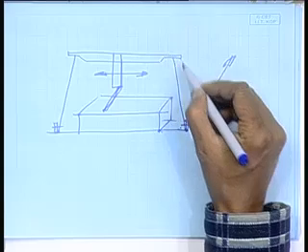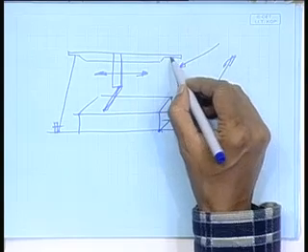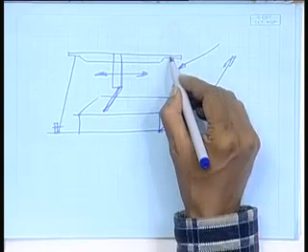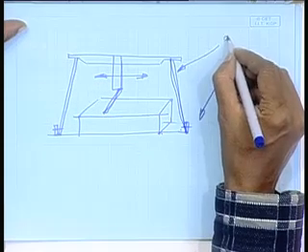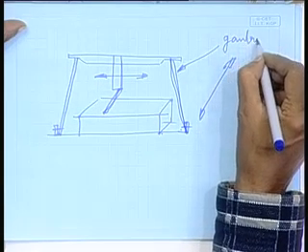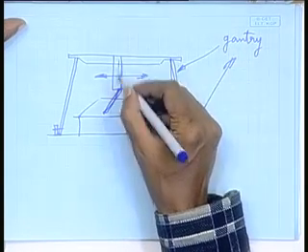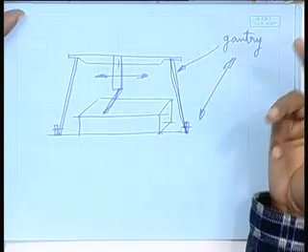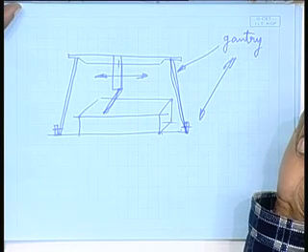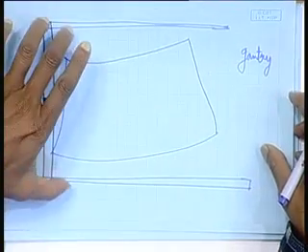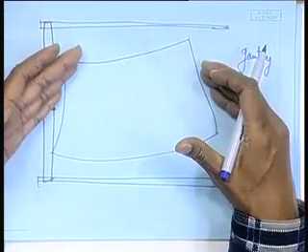This kind of structure is referred to as a gantry. If there is a lifting head, we call it a gantry crane. Okay. So I take the gantry out, and you have the entire plate visible.